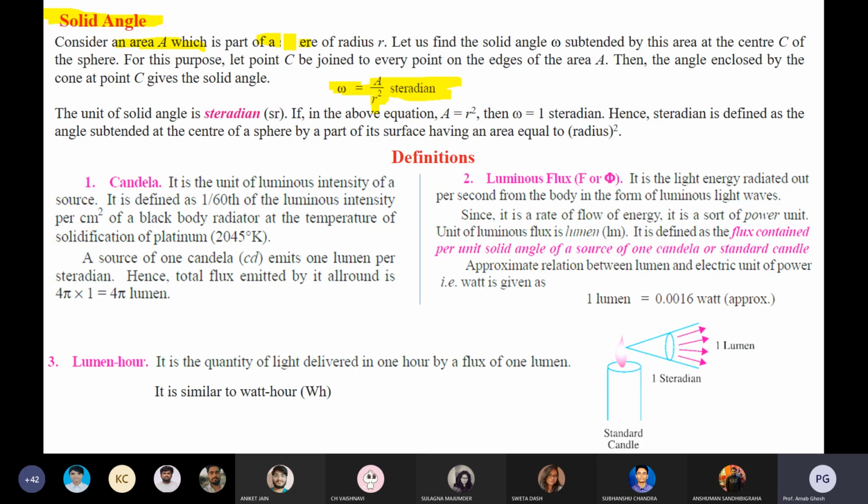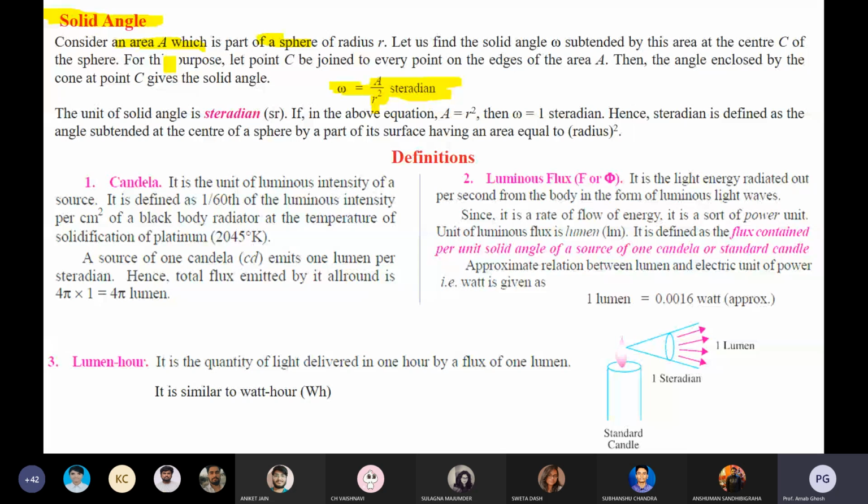So the solid angle is the area per unit radius square of that sphere, that is A divided by radius square.